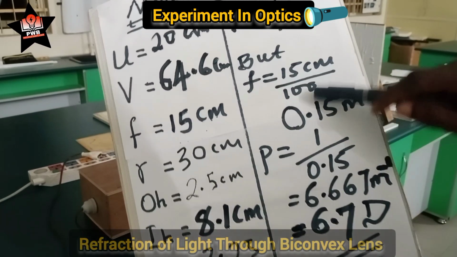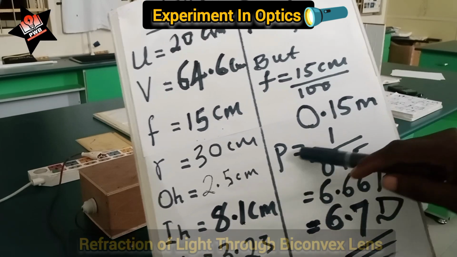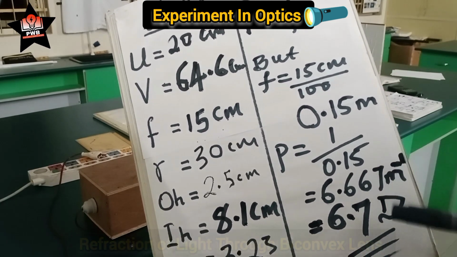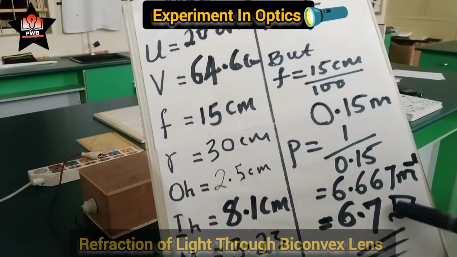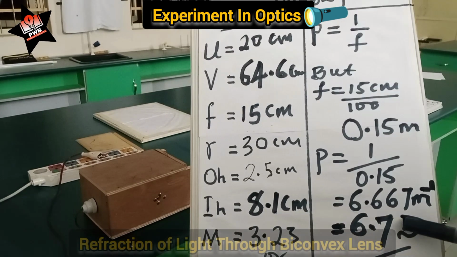And that is exactly what I did here. So 15 divided by this, we got this, and this over this. So it is the inverse of meters, or capital D. This is the unit for the converging power of the lens.